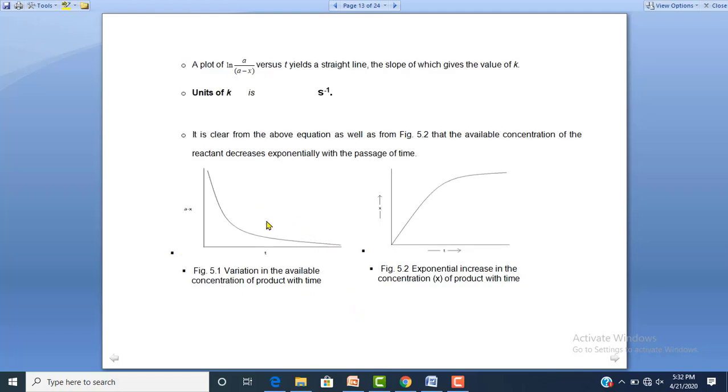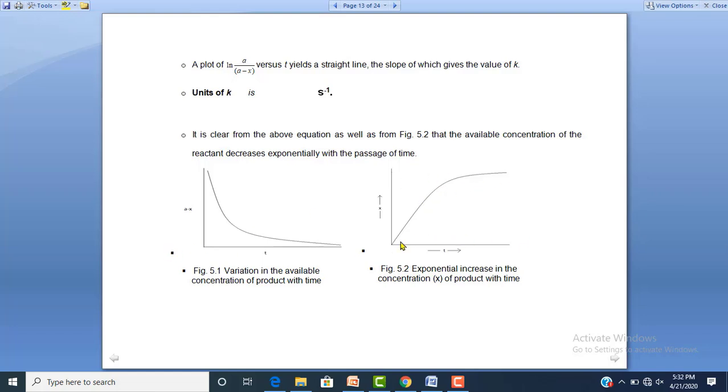If we draw a plot between a minus x along the y-axis and time t along the x-axis, then we obtain the curve of equation 5.1, which shows the variation in the available concentration of reactant with time. But if we plot the values of x along the y-axis and time t along the x-axis, then we get a curve like this one.